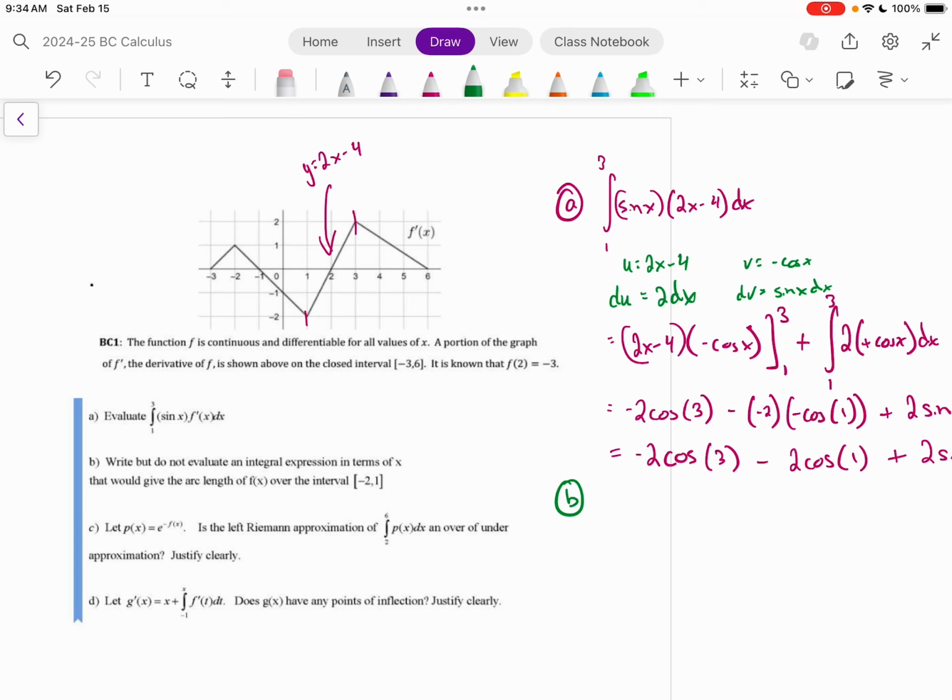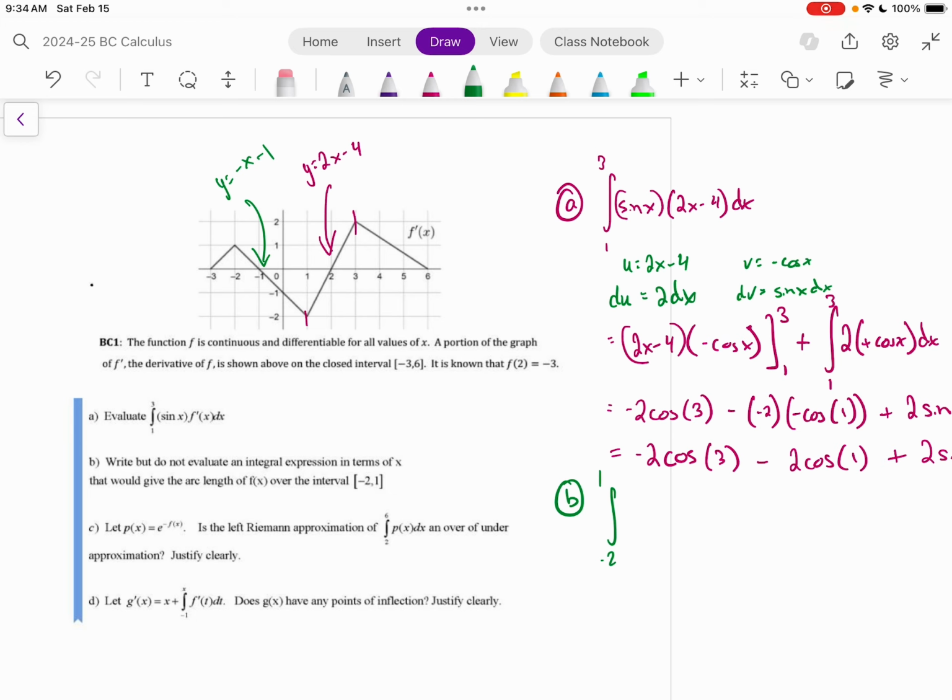So this is just going to be the integral from negative 2 to 1. And if we look at this line right here, this is y equals negative x minus 1, something like that. That's what f prime is on that interval, so we don't need to take any derivatives.